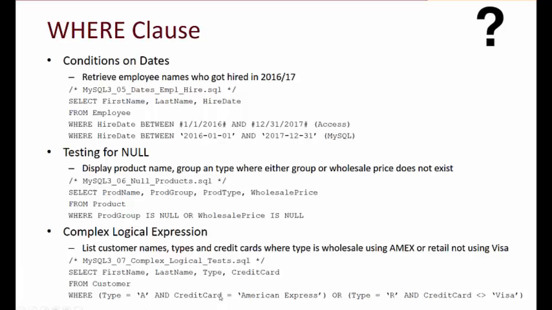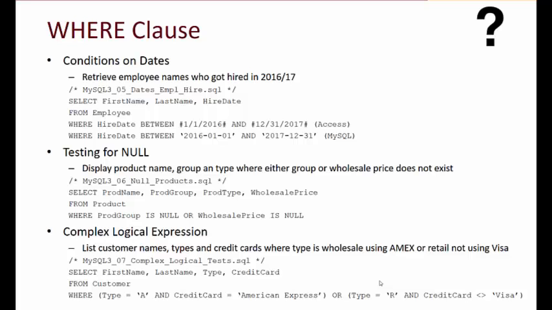The two and logical operators are used in each of the 2 parts to find customers that are both wholesale account customers and use Amex, or those that are retail type customers and do not use the Visa credit card. Notice the use of the equal comparison operator here, here, and here, and the not equal here when comparing text rather than numbers.